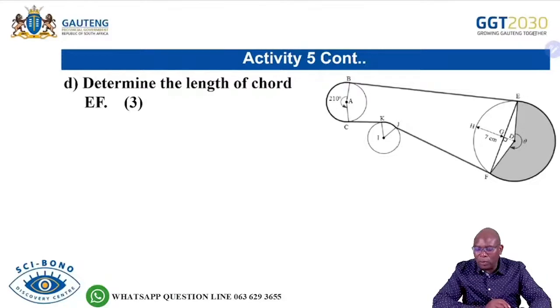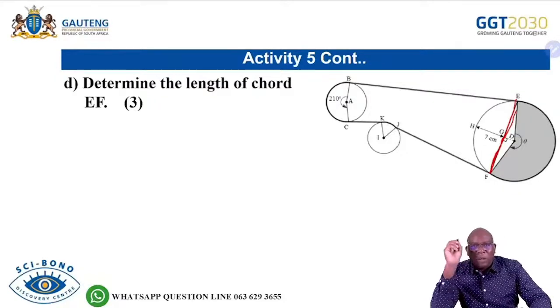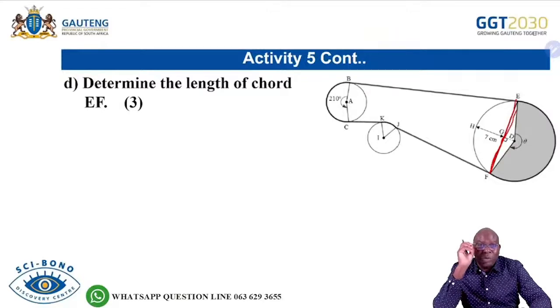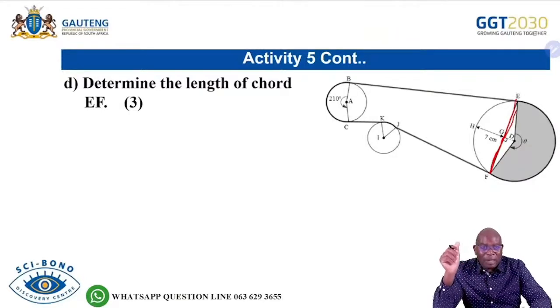So I go to my chord EF, I look for EF, EF is there, so that is the length of the chord. So if they talk about the chord, then you remember that you have a formula that you use for the chord length. For the diameter, there's a diameter, there's the height. So I need those two things.